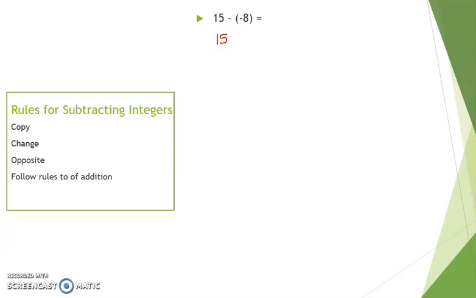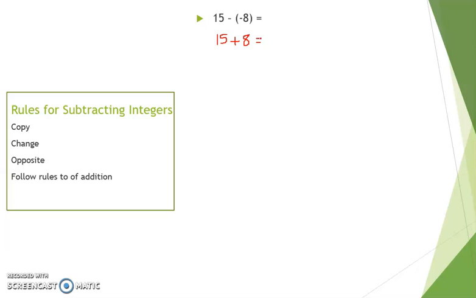And then our rules say we're going to change our subtraction sign to an addition sign. And then we're going to flip the second number to the opposite. So we have a negative 8 in the original equation, so we're going to change that to a positive 8. And then we're going to follow the rules of addition.